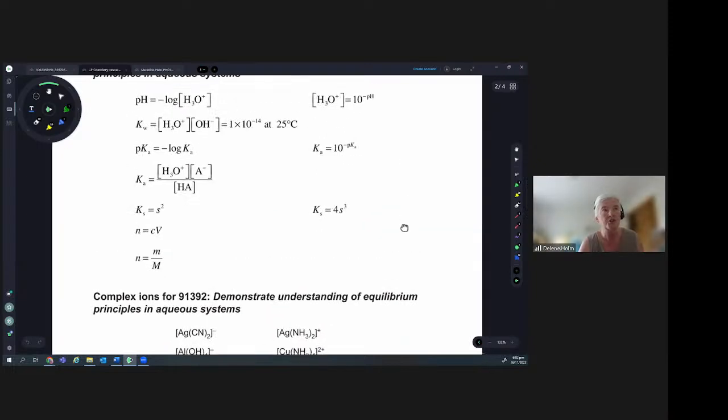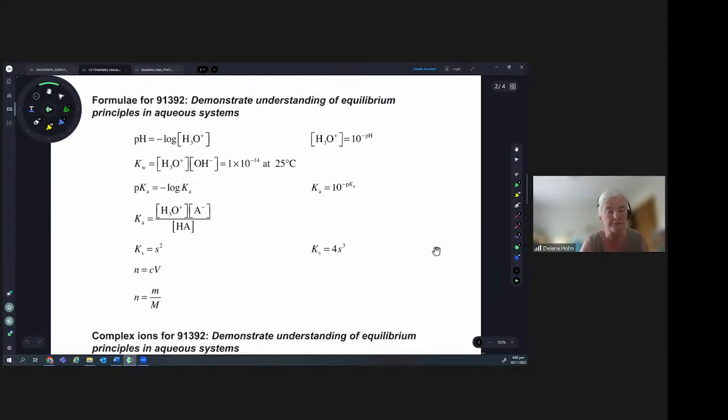Then also, in terms of the given information, it depends on how your teacher taught you. Some teachers teach only using Ka or pKa. Others use Ka as well as Kb, and I will do some of Kb because I like that method.